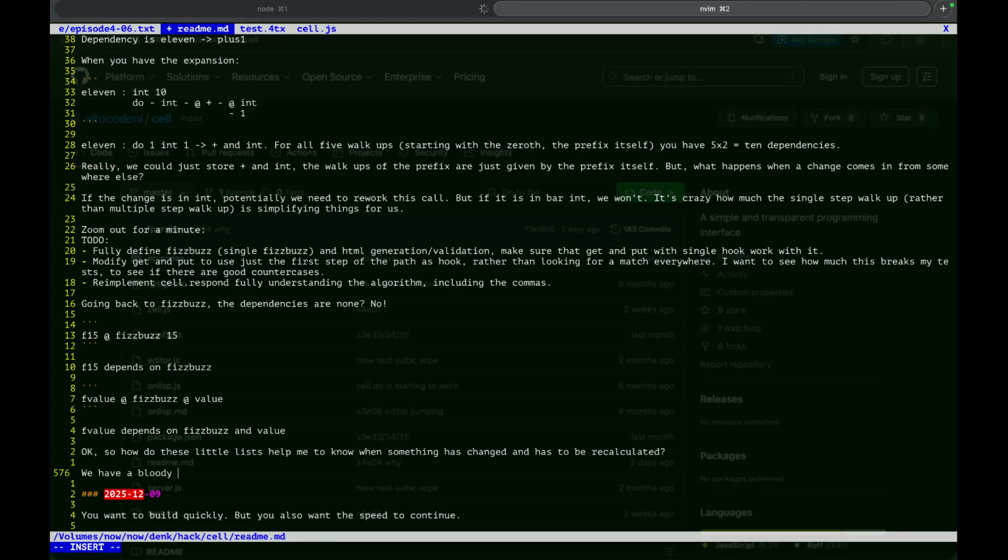Oh my god, I saw it. We have a bloody symbol table that is global, and it's the other way around.